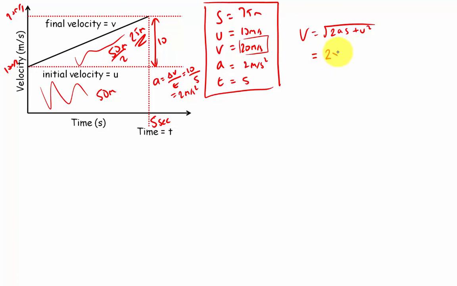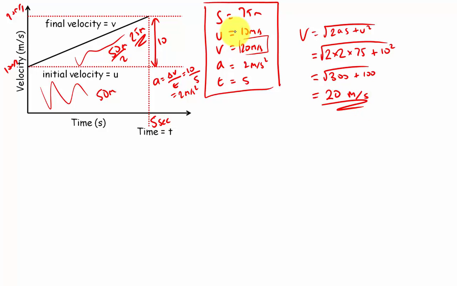It will be the root of 2 times 2 times 75 plus u squared, and u squared is 10 squared. So 2 times 2 is 4, 4 times 75 is 300, plus 10 squared, which is 100, so it becomes the root of 400. The root of 400, checking my calculator, is 20, and it's velocity, so it's meters per second. You can see it works in this scenario.